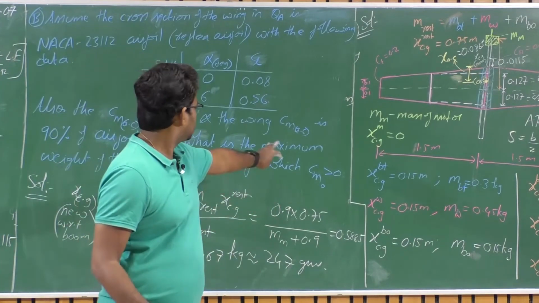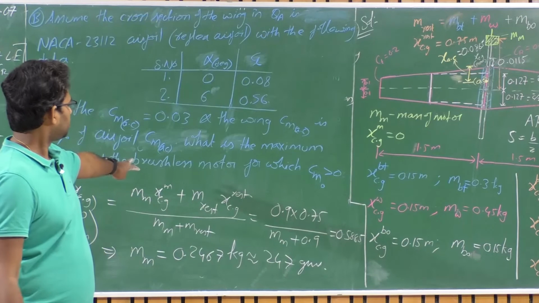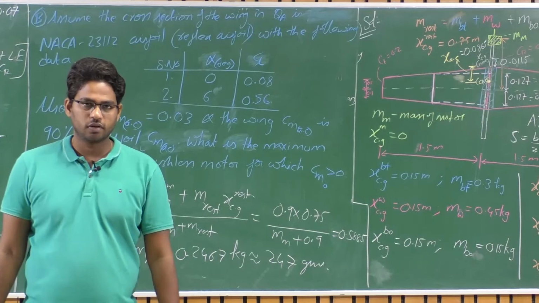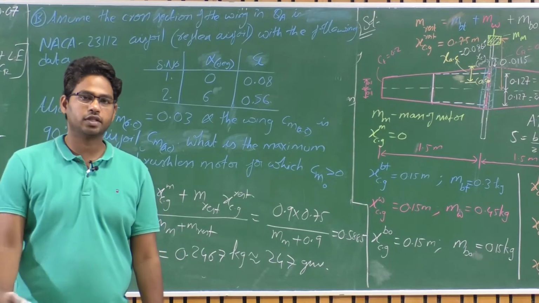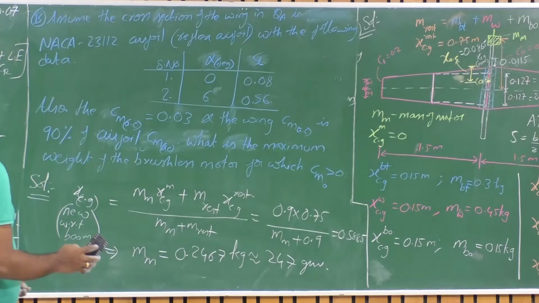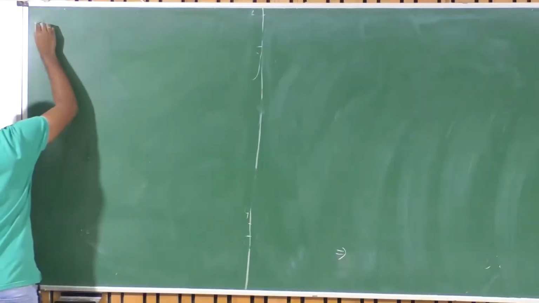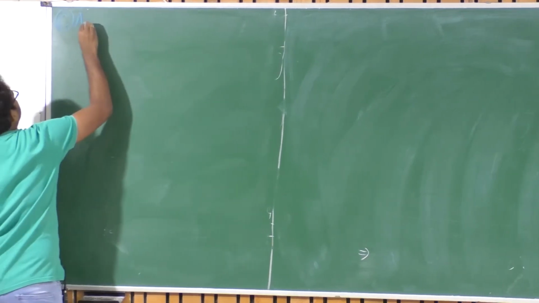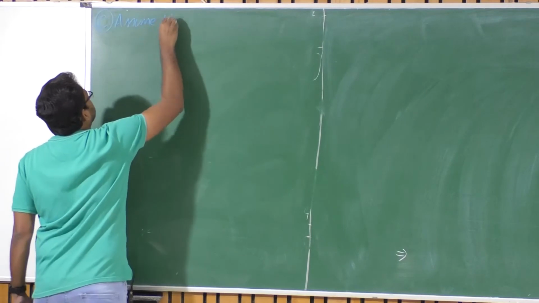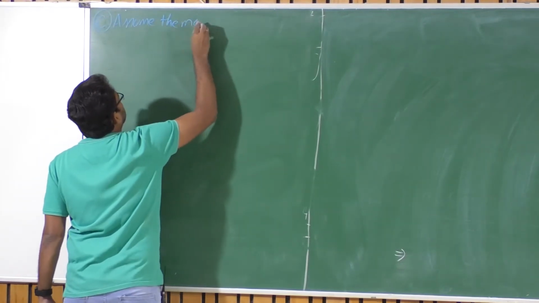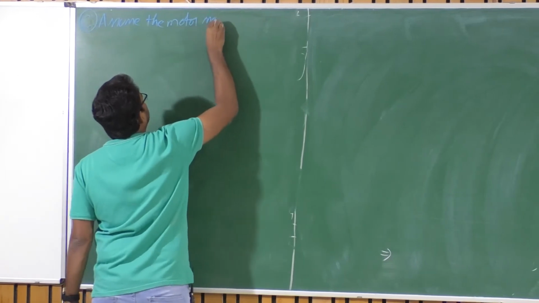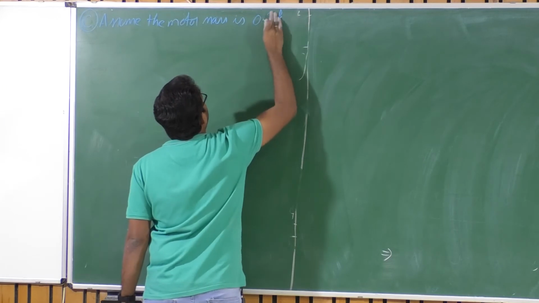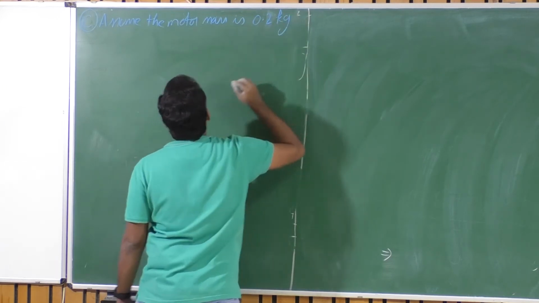We'll continue with one more small example problem, the final exercise for today. Assuming a motor mass of some grams, we'll find out the Cm alpha and Cm naught of the configuration. So this is question 3. Assume the motor mass is 0.2 kg.